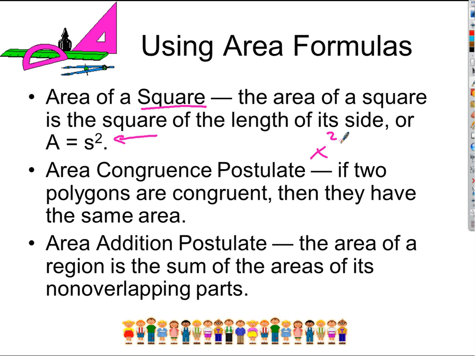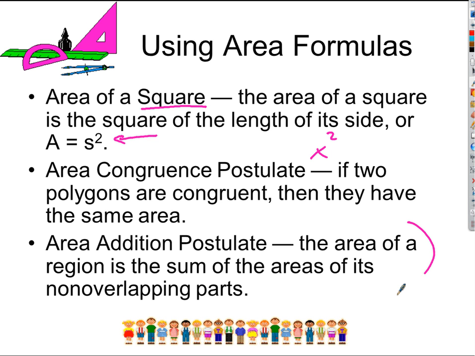Same size and shape, exactly. Which essentially means that they are completely overlappable. They overlap perfectly. So doesn't it make sense that if two objects are congruent and therefore have the same shape and same size, they must also have the same area? It's an easy extension there. So that one's a piece of cake.